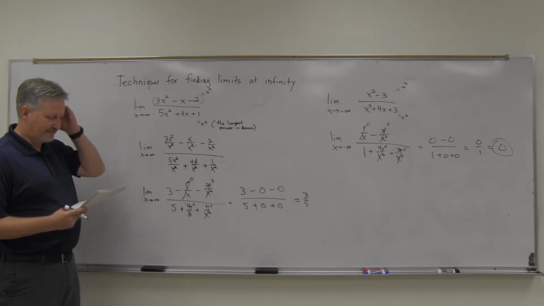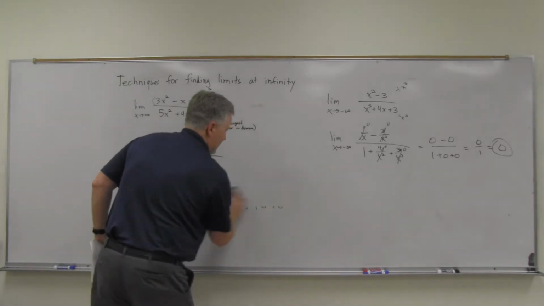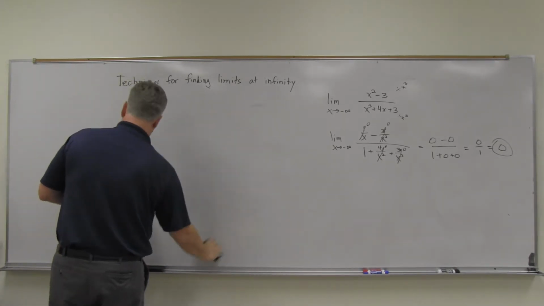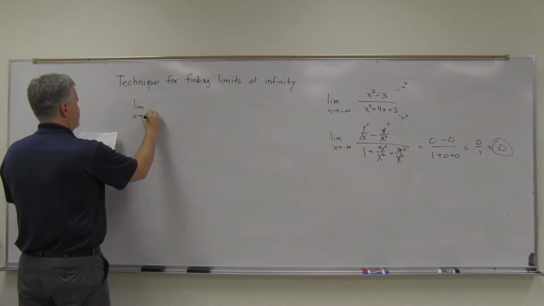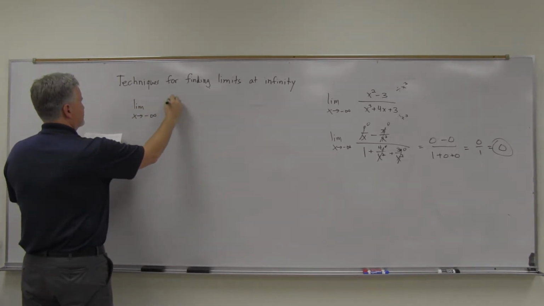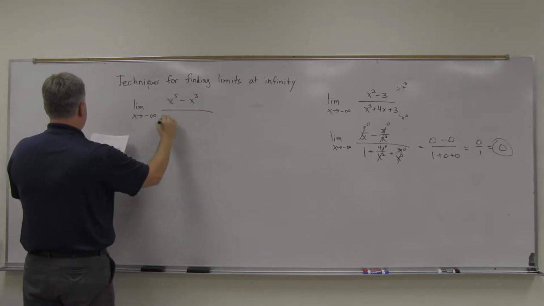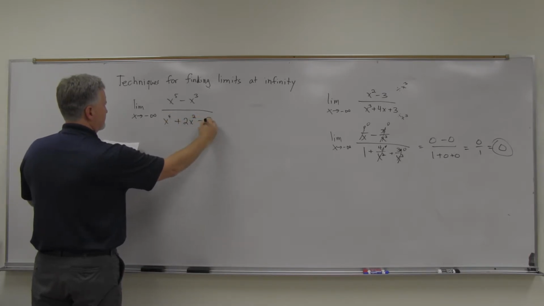All right, a couple more. How about the limit as x goes to negative infinity, x to the 5th minus x cubed over x to the 4th plus 2x squared minus 7.